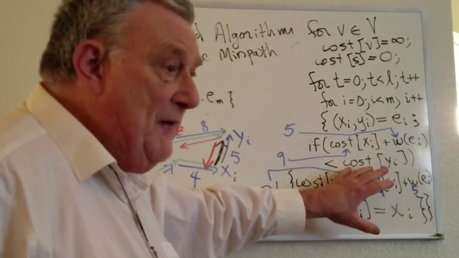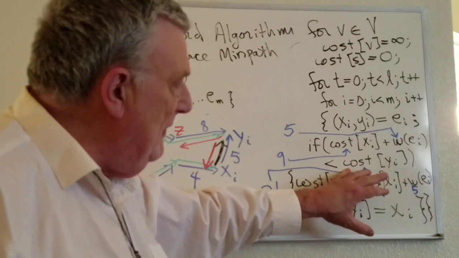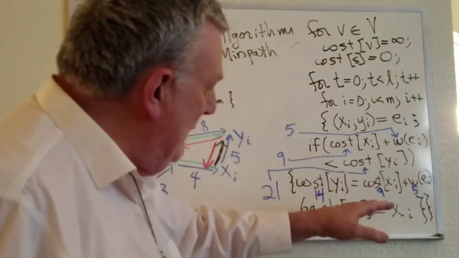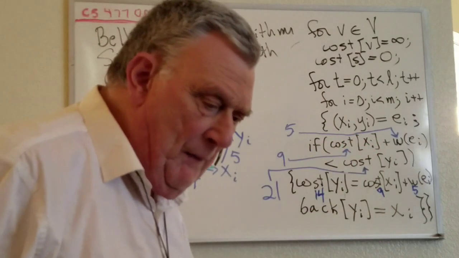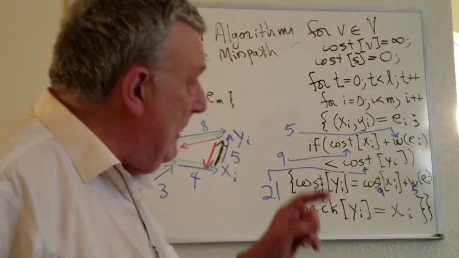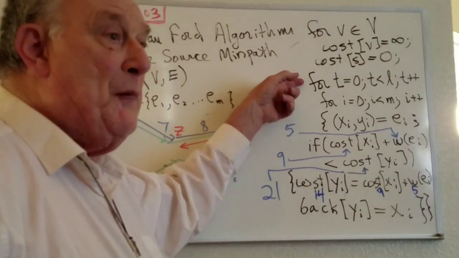If it has, then you might not be finished. But if at a certain iteration of the outer loop no changes have occurred in the cost array, then you know that there will never be any more, no matter how many times you iterate the outer loop, which means you can now stop the outer loop.